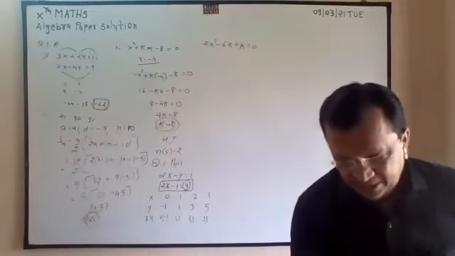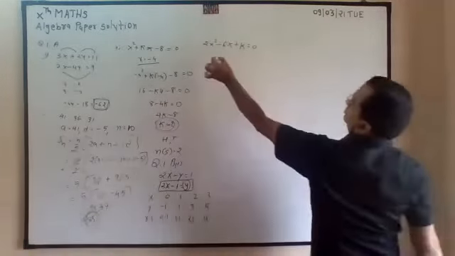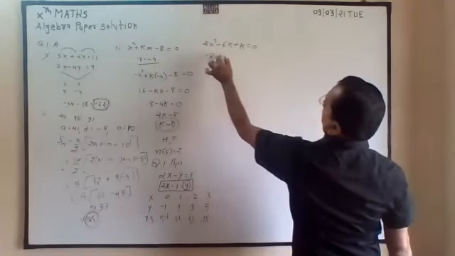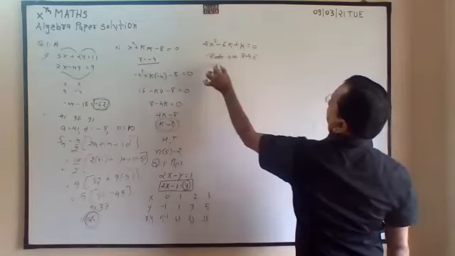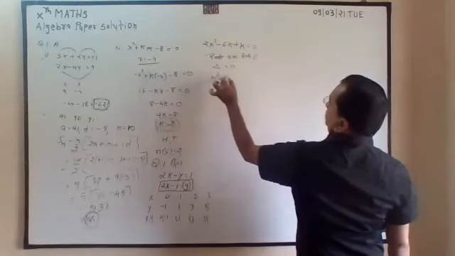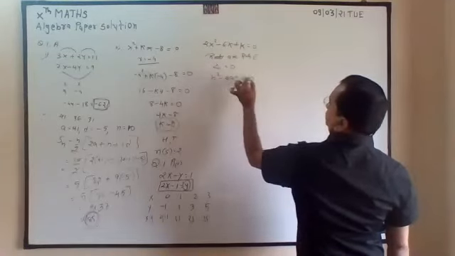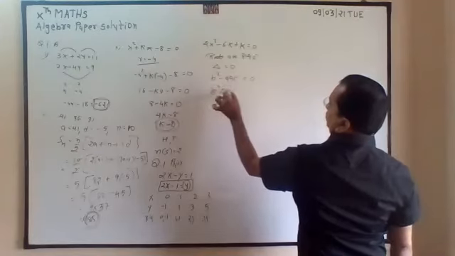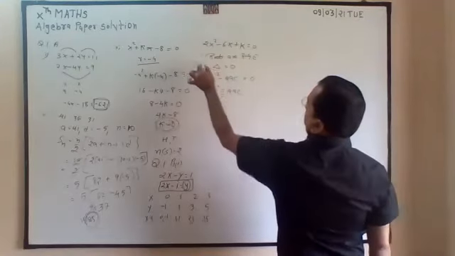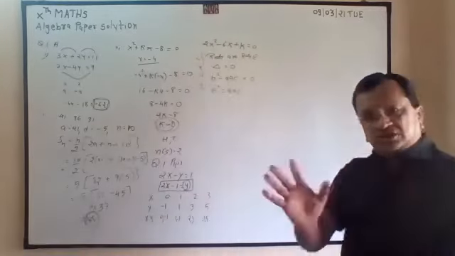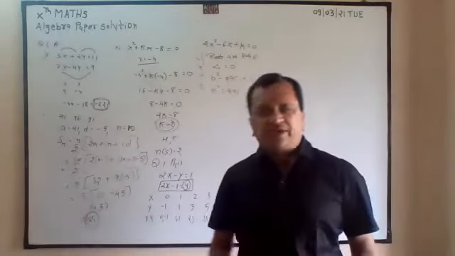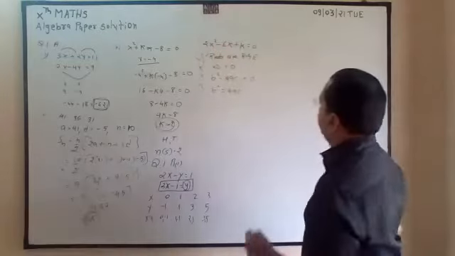Roots are real and equal. Therefore, delta is equal to 0. b square minus 4ac is equal to 0. b square is equal to 4ac. You have to go for first, second, third, fourth. For any question, you have to write the same thing.